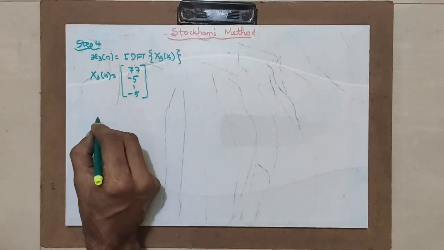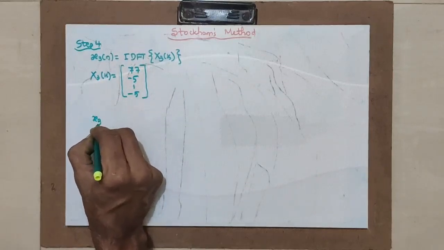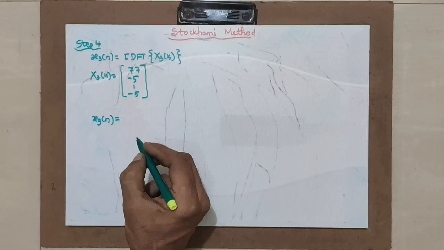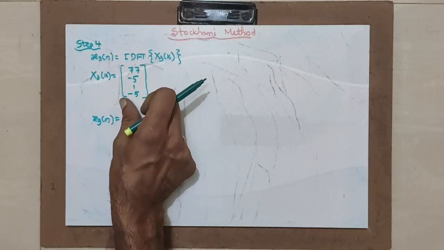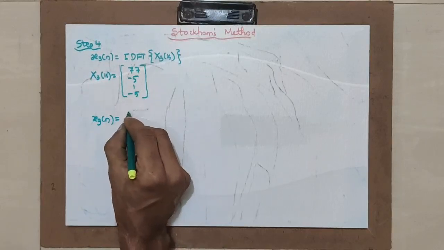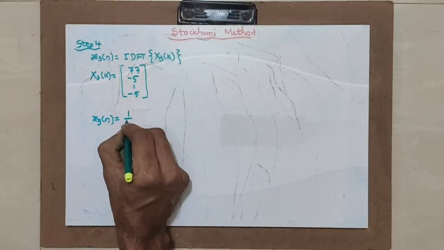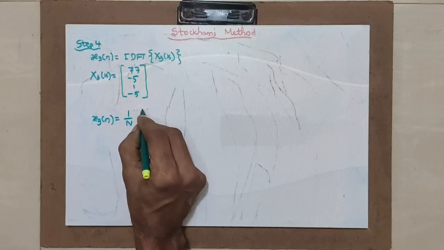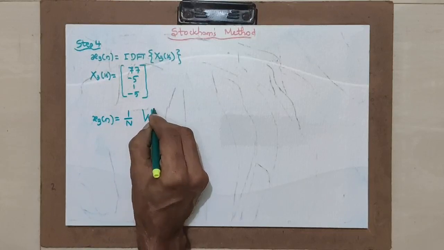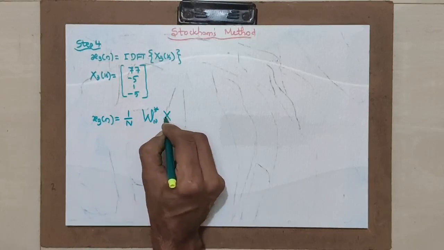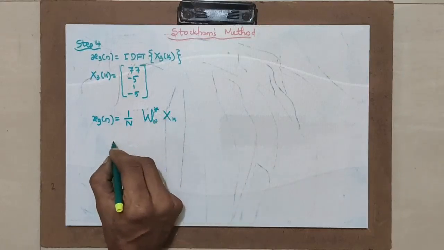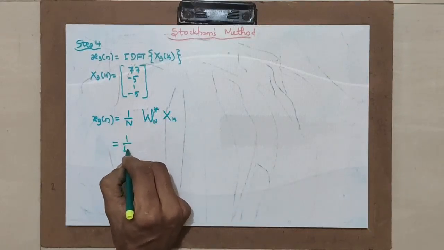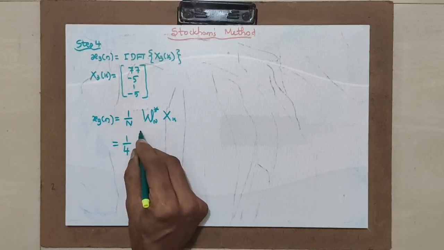Now to find X3(n), I will be applying IDFT. Again I will be using the matrix method. You know that in the matrix method you have to apply 1 by N, here W_N conjugate into X(k). That means here I will be using 1 by 4, N is 4 here.